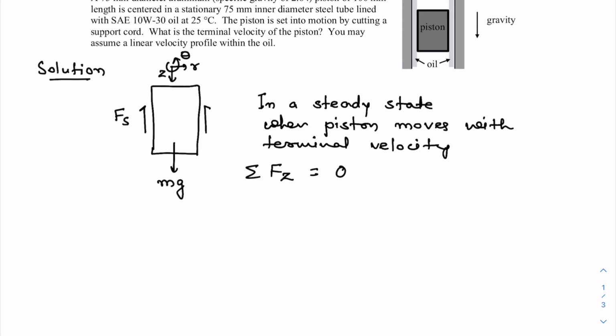Since we only have two forces, the weight of the piston and the shear forces, we get its weight minus Fs to be equal to 0.